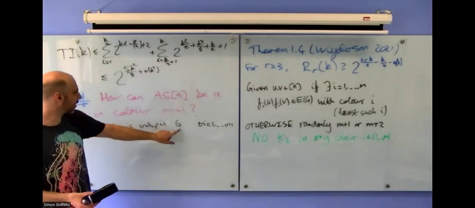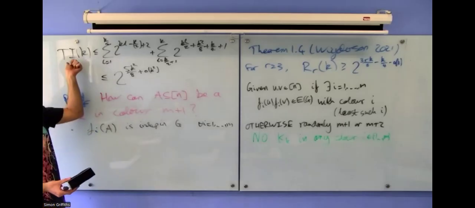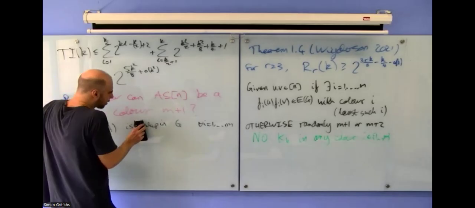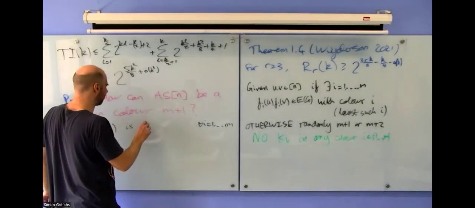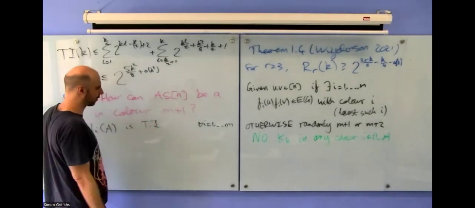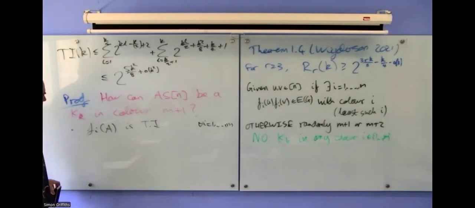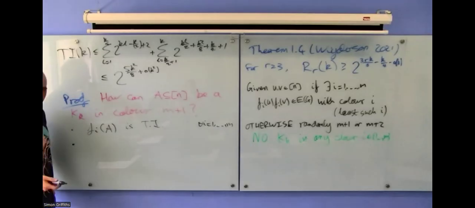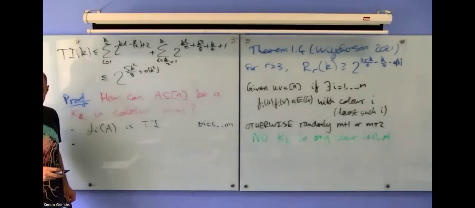So to be independent in G is exactly the same as to be one of these totally isotropic sets. And even if you're successful in this first step, your set A is such that its image is totally isotropic for every i up to m, you still need it to be coloured all the same colour.